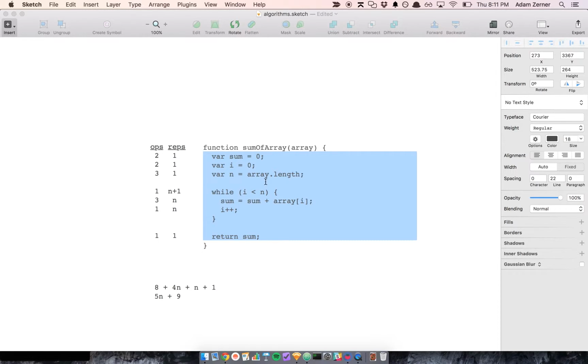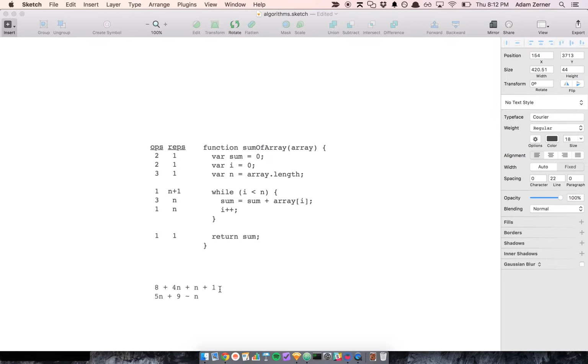So instead of looking at this here and this here and even in here, we would just look at the highest order term, quote unquote, of the algorithm. And in this case, the highest order term is this while loop from 0 to n. So we would say that as n tends to infinity, this can be approximated by the function n.